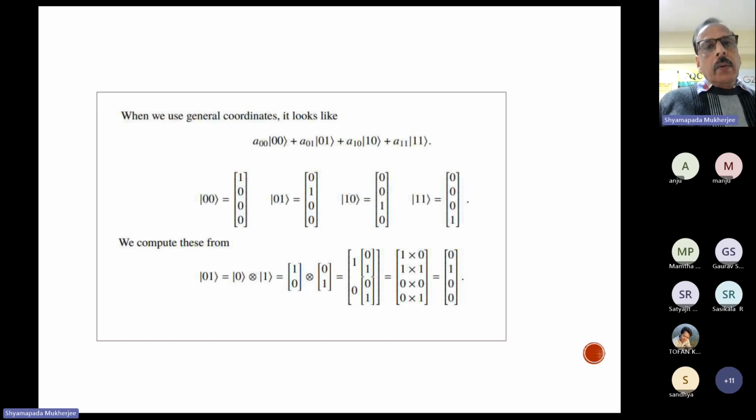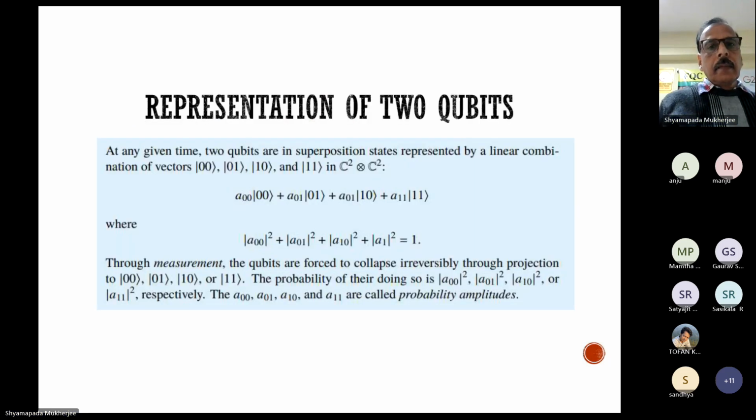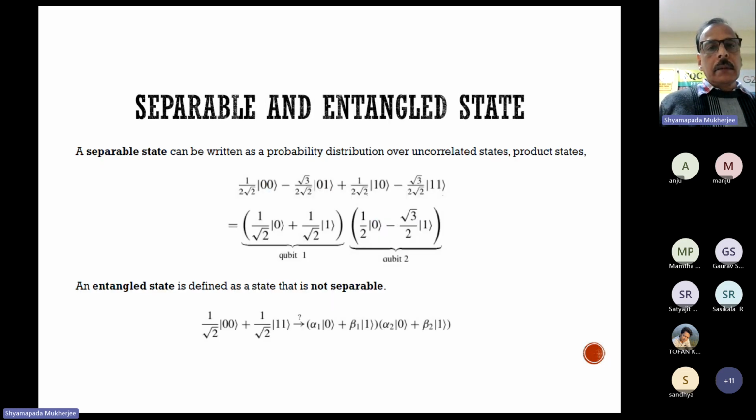Then when you use general coordinates like the computational basis 00, 01, 10, 11, it is A00 |00> plus A01 |01> plus A10 |10> plus A11 |11>. So this is actually a 2 qubit state. Again, I am repeating, a 2 qubit state can be represented by this. With this, all this formula we have already discussed.